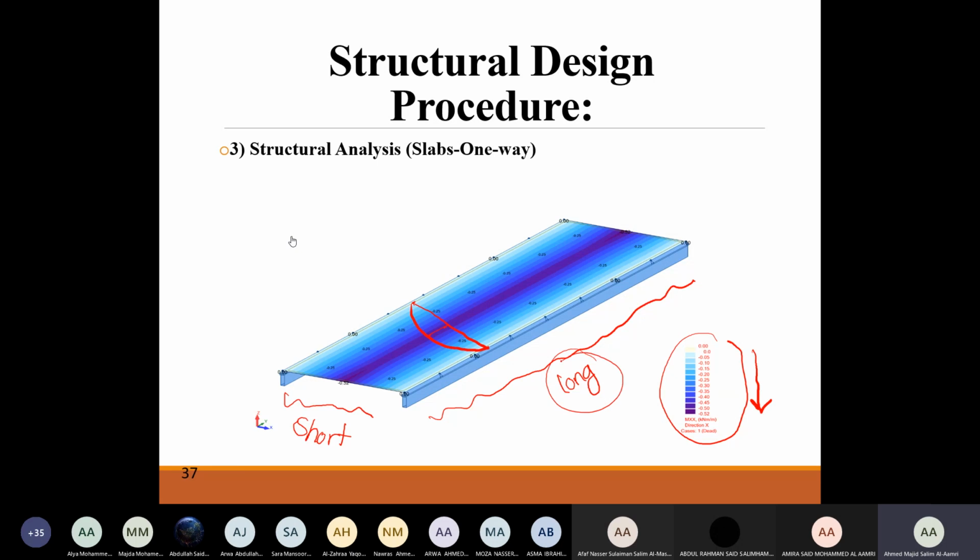Are you going to draw to the short or to the long? You were going to draw it, of course, to the short, not to the long. Now you can see if I take a strip here for the long, the bending moment is different. Here, the bending moment is different. But if I take any portion of the short, it should give me the same.